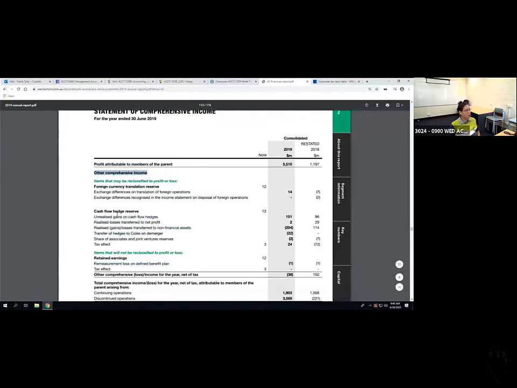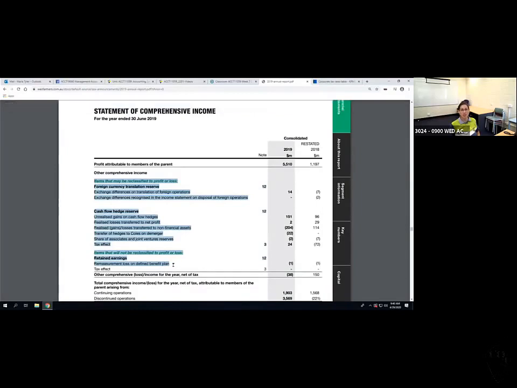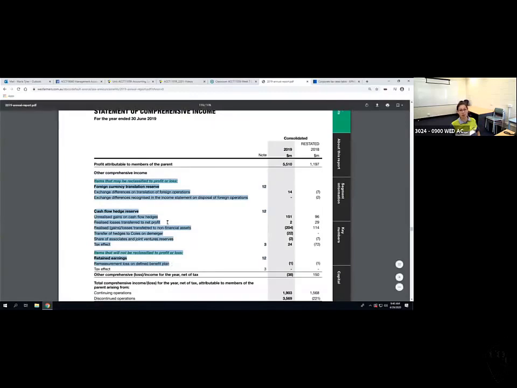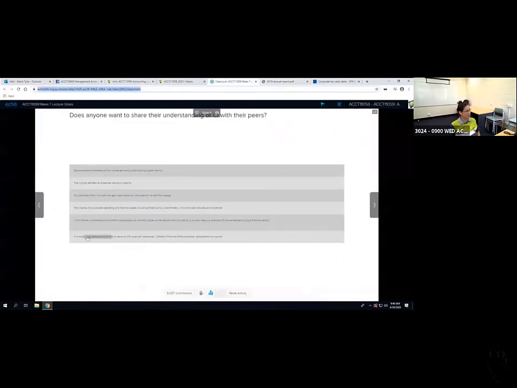These are the items you will have already classified or restated into O&F when you did your statement of changes in equity back in week 5. That's other comprehensive income. Okay, so that's this other CI that the last comment's talking about. So it's everything except for revenues and expenses. This one's correct.